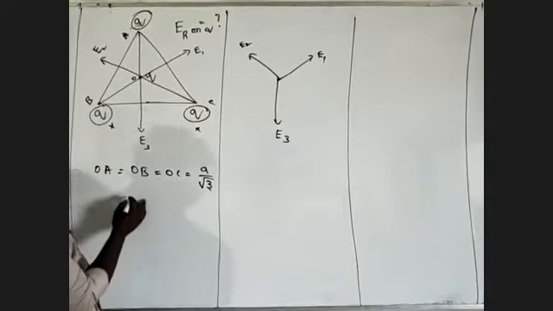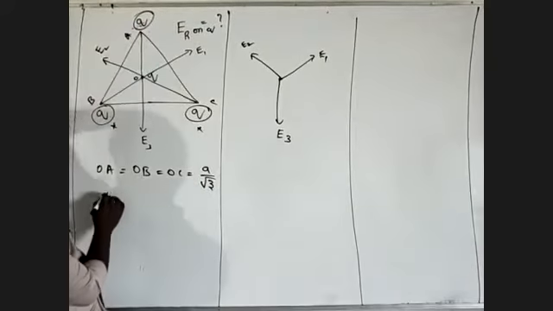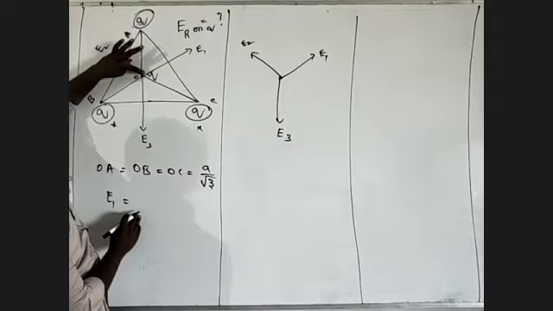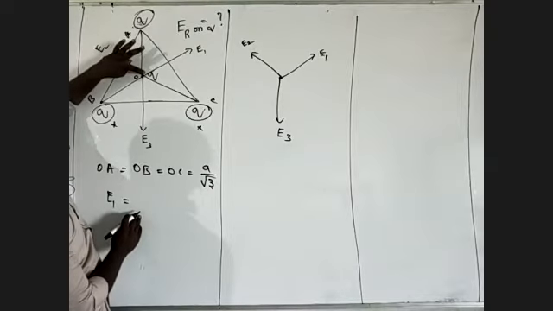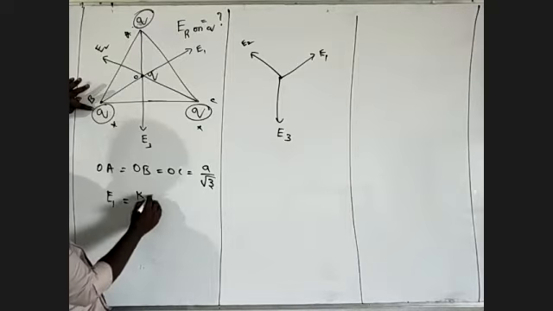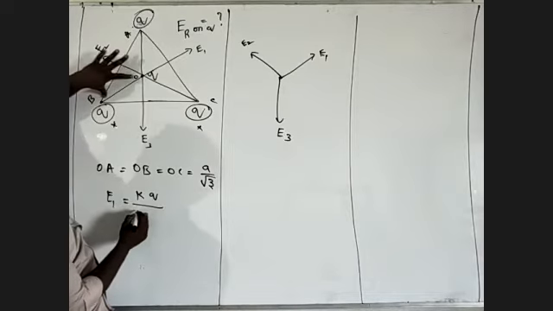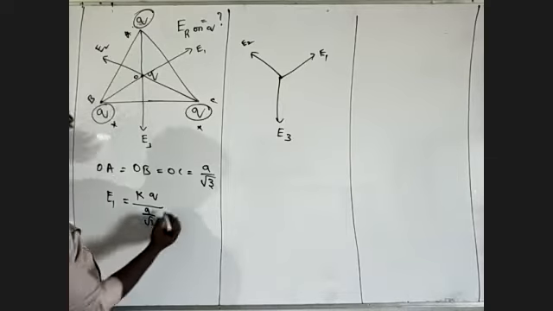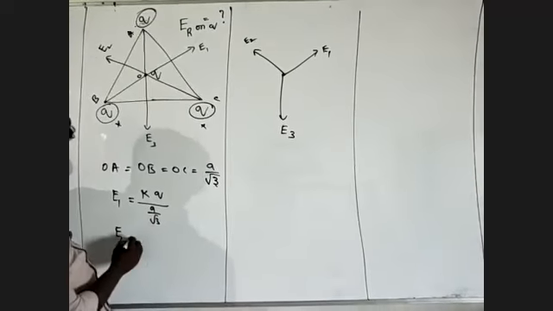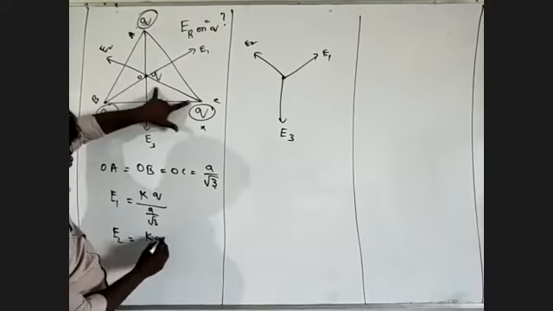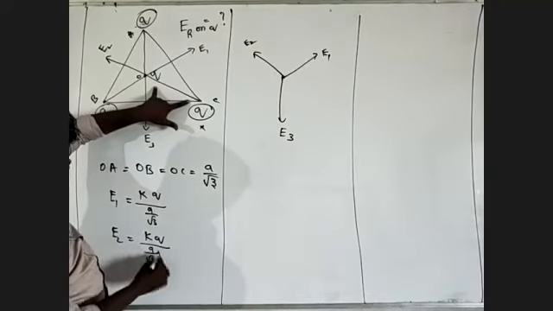Now you will see the E1. We have to calculate electric field E1 at this point due to the charge. That is KQ by the distance between two charges, A by root 3, whole square.